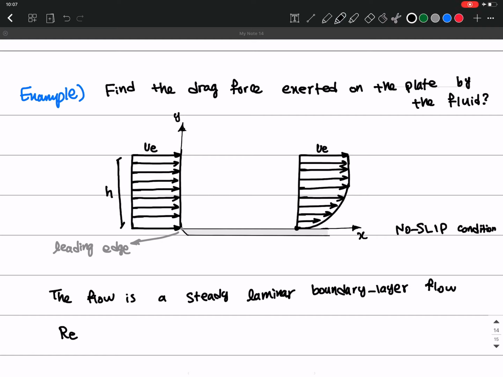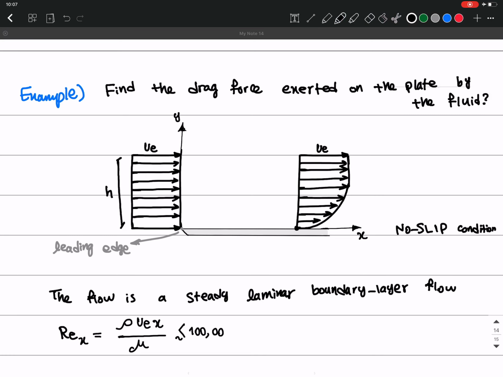So the Reynolds number in the x direction is going to be rho, which is density, ue times x from the leading edge, over mu. If you define the Reynolds number in the x direction as this, where mu is viscosity, then for a laminar boundary layer flow, this should be smaller than 100,000.